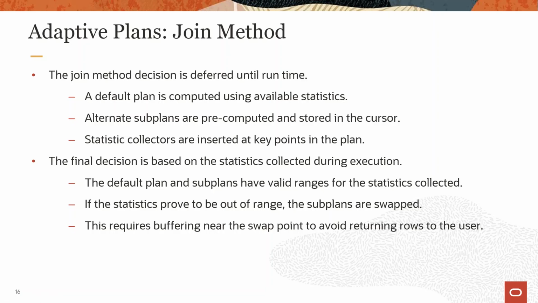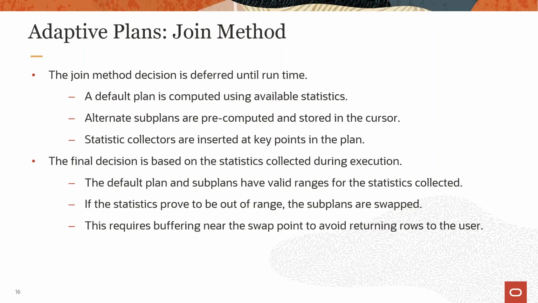However, the optimizer will also calculate some alternative subplans and store them in the cursor. Plus, statistics collectors are inserted in your execution plan, and whenever certain values of those statistics collectors are breached, it can adapt the join method. For the moment, it can only change the join method from nested loop to hash join if needed at runtime.